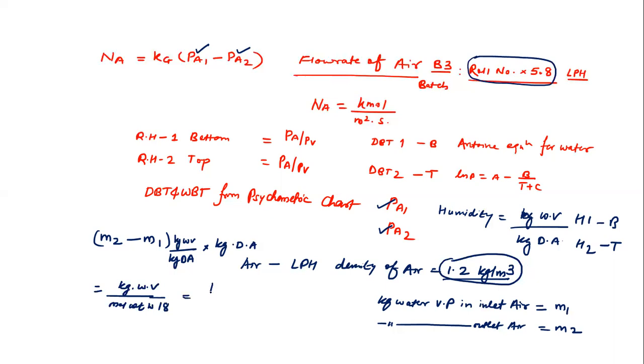This will give you kilomole of water vapor added to system divided by meter square. What is meter square?